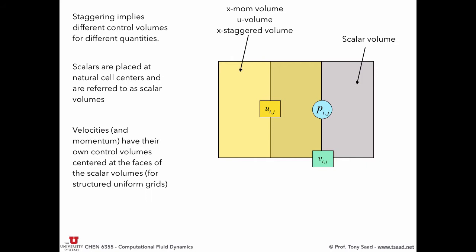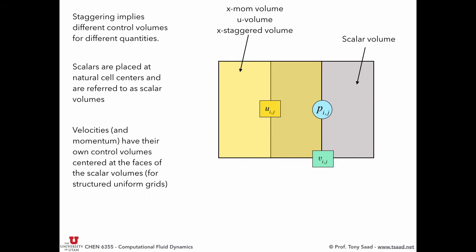This is for uniform structured grids where delta x is constant and delta y is constant, not necessarily equal. But then what happens is these faces coincide with the center of the staggered volumes. So the control volume for the u velocity is staggered to the left, and the u velocity lives at the center here, okay? And same thing for the v velocity. It's going to have its own control volume.